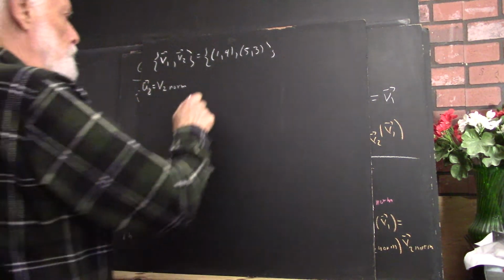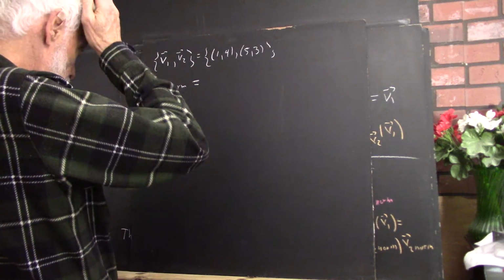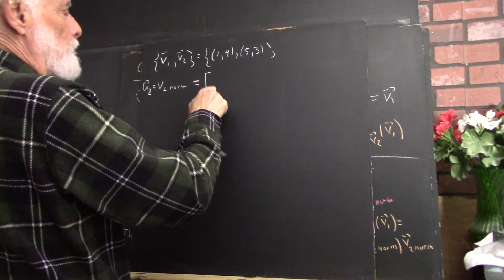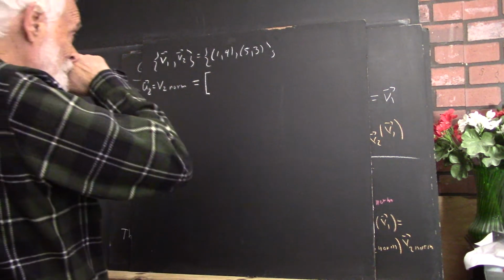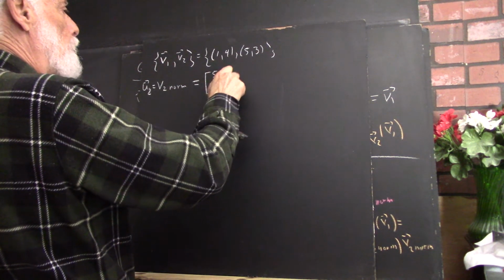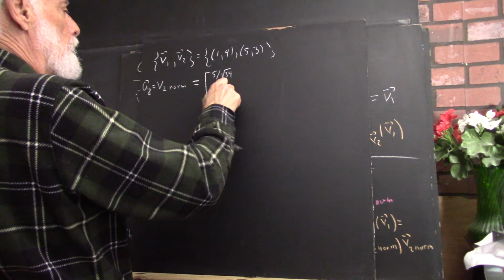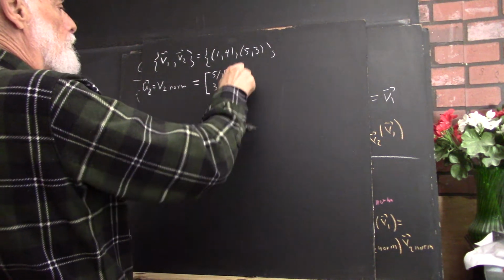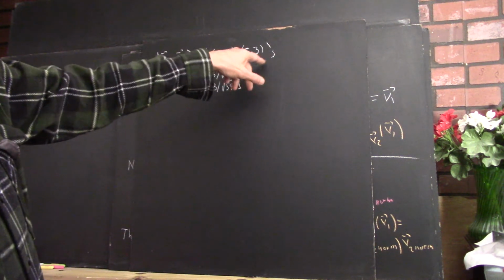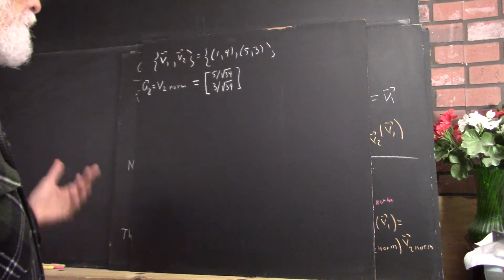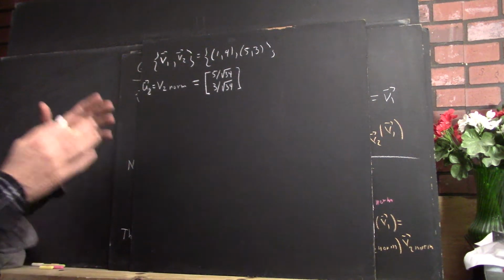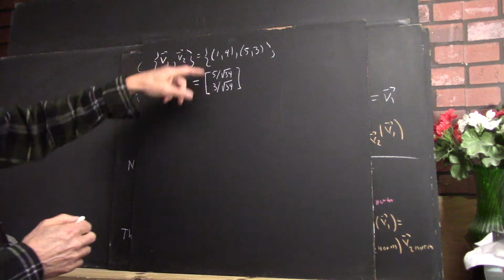V2 norm just equals the vector, now I'm going to put it in column form: 5 over the square root of 34, 3 over the square root of 34, because the magnitude of this, 5 squared is 25, 3 squared is 9. Add them up, you get 34. And the magnitudes and then the square root, Pythagorean theorem, that I'm not even going to justify anymore. There it is. Okay?